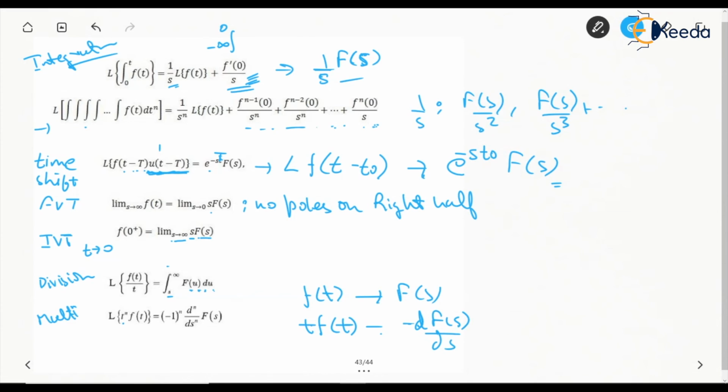This is also known as differentiation in the transform, because this transform is getting integrated or differentiated. So this is transform derivative or transform integral, because we are doing the integration or differentiation in the s domain, and it has a reflection on the time domain like this.